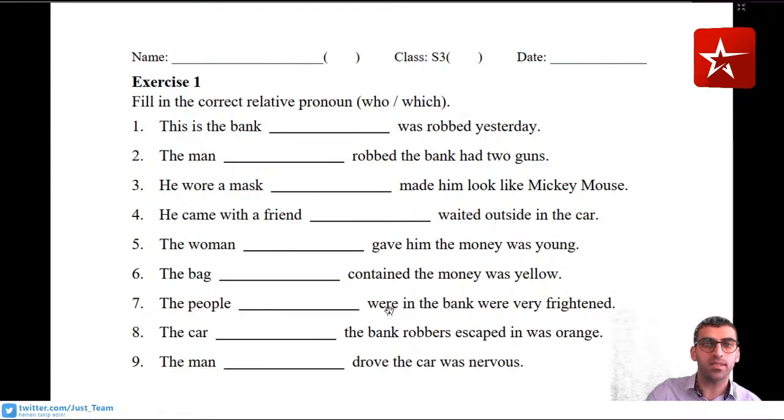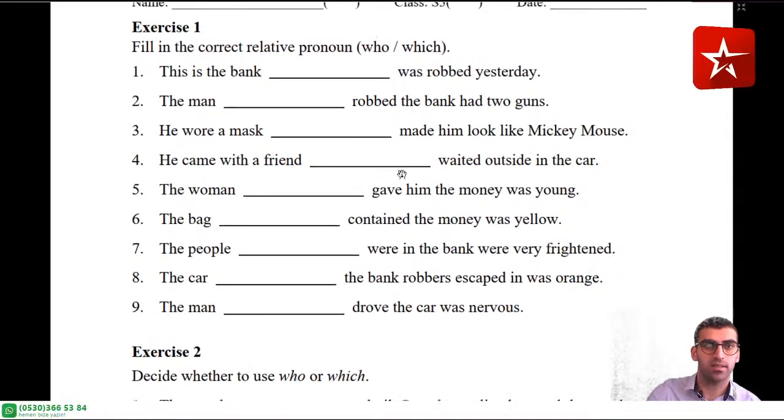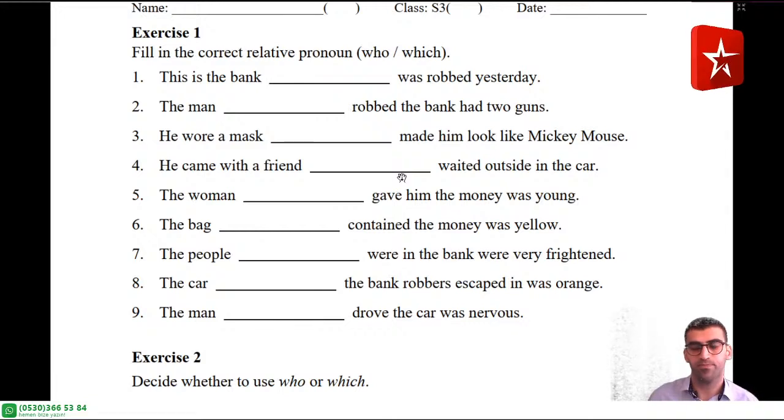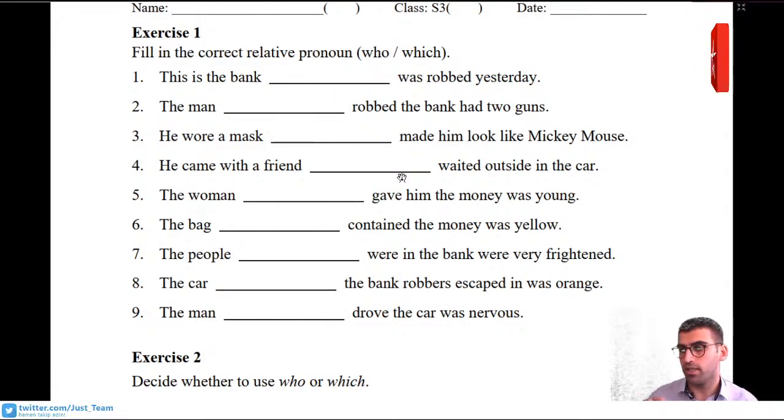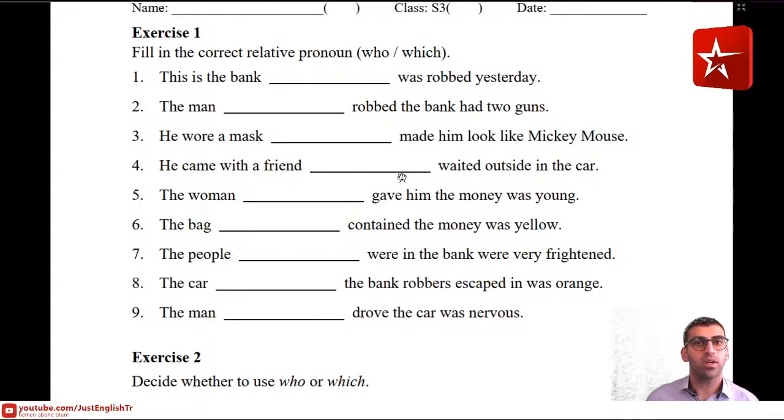Okay, and let's practice these relative clauses a little bit, and then we will continue to talk about it more. So let's continue with number 1. This is the bank. We have to fill in the correct relative pronoun for these sentences.